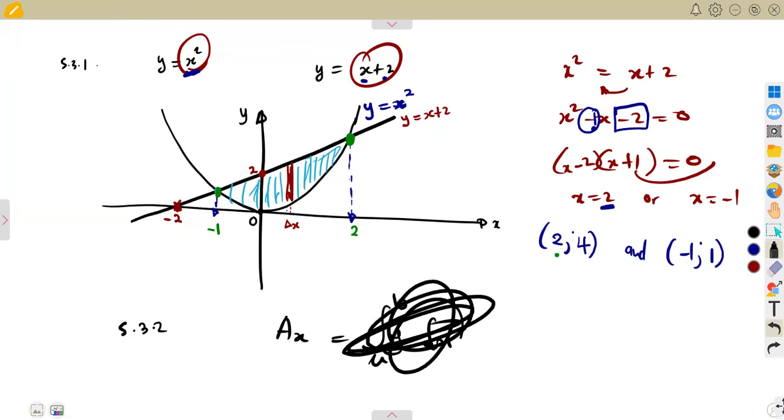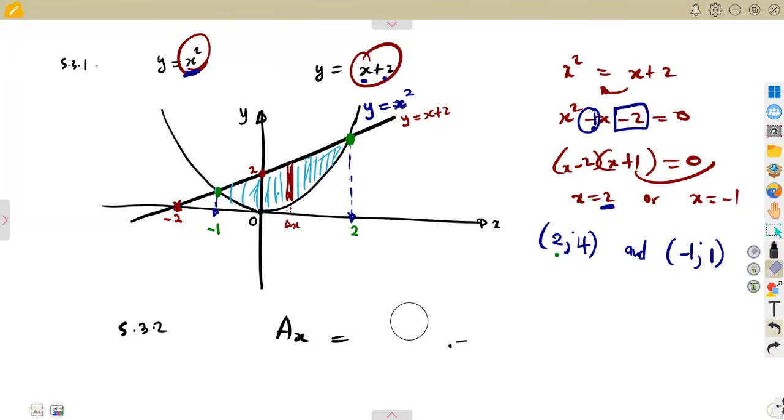There are two functions involved, so you have to subtract the two functions, but still maintaining the y concept. So it's going to be y1 minus y2 with respect to x, our limits taken from a to b.